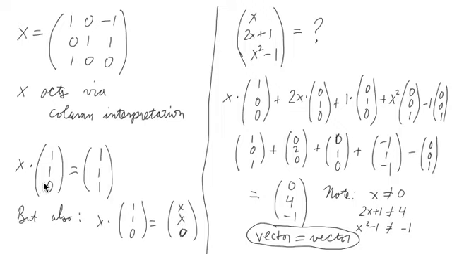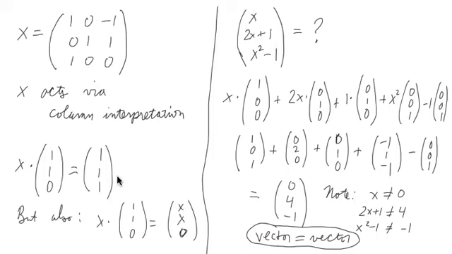But we also know if we plug this vector into x thought of as a function, this simply means, with the column interpretation, so multiplication on the right here, to just add these two columns together and we get this. So this tells us something. This tells us that the vector 1, 1, 1 is also representable as x, x, 0.